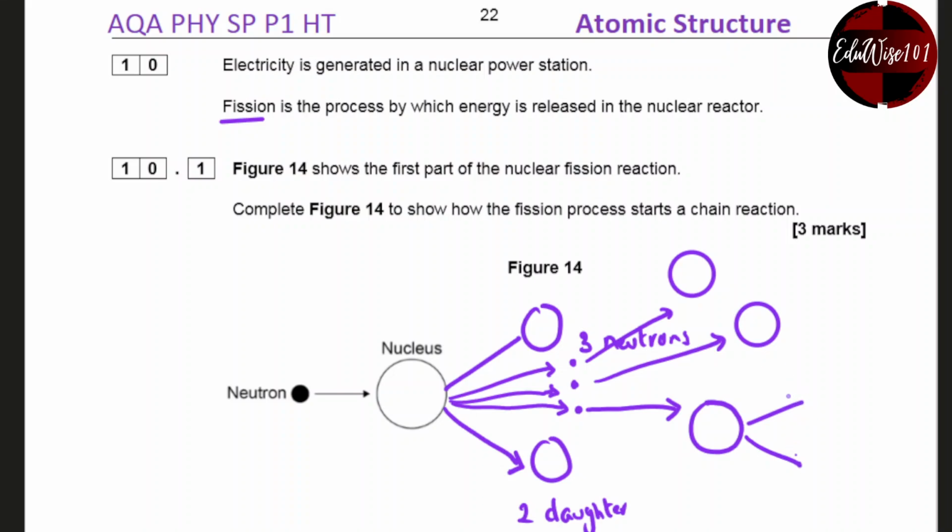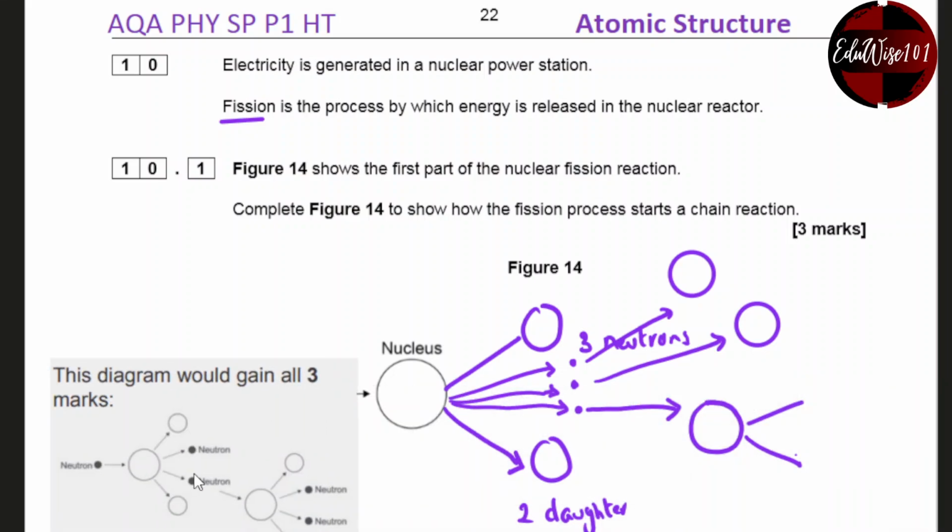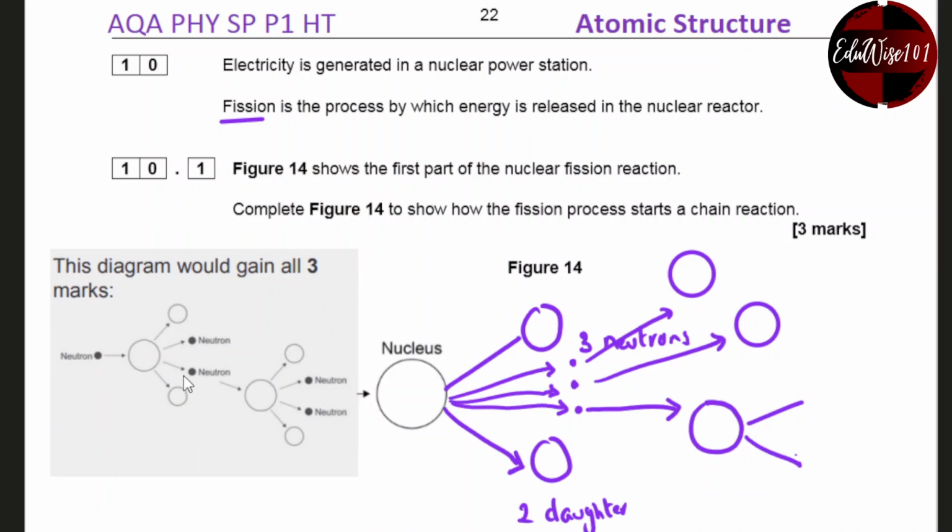Now this is what we call a chain reaction. So an image like this is actually going to give you all 3 marks. You don't have to draw too many of them.